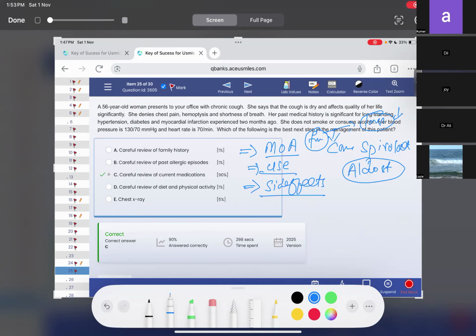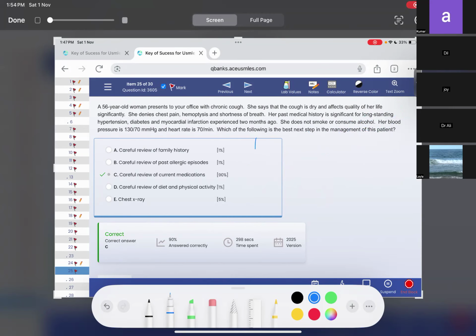In a patient with diabetes mellitus we will go first with an ACE inhibitor because it is cheap, and if the patient develops some kind of side effect we will switch to ARBs.